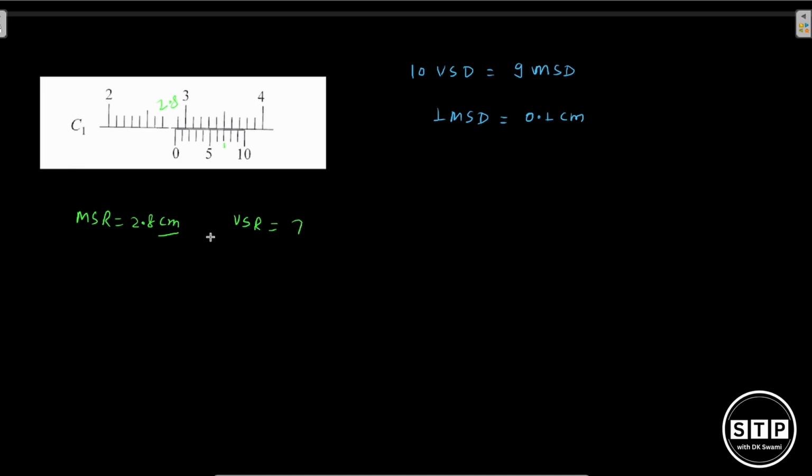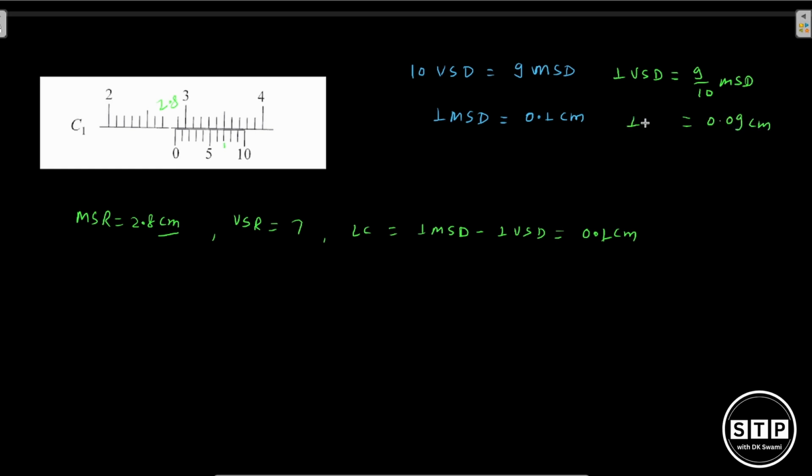and we also need to calculate the least count. Least count, in this case, is 1 MSD minus 1 VSD. 1 MSD is 0.1 centimeter, and 1 VSD will be 9 by 10 of the MSD, where MSD is 0.1, so that will be 0.09 centimeter.